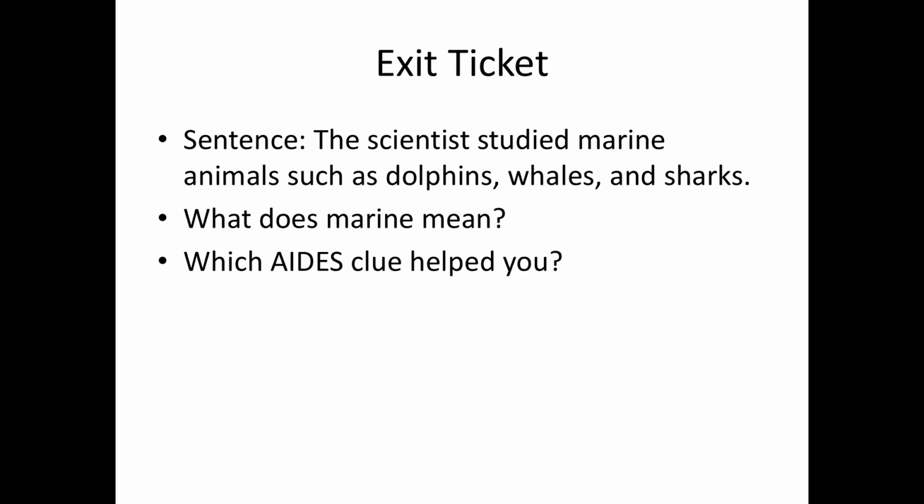Now, let's look at this one. The scientists studied marine animals such as dolphins, whales, and sharks. Let's think about it. What does marine mean? I know a dolphin, I know a whale, and I know a shark.